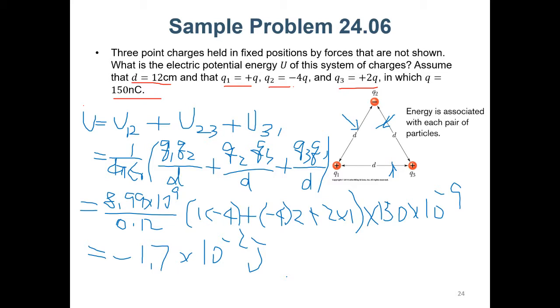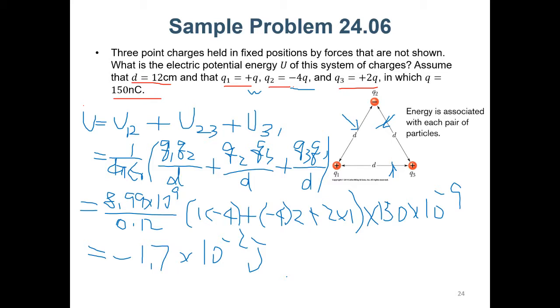So you need to be careful about the sign. If it's a positive charge, you plug in a positive value. If it's a negative charge, you plug in a negative value. So if one is positive and one is negative, then the potential energy will be negative because they tend to attract each other. Holding it gives you some potential, rather than you needing to do some work.